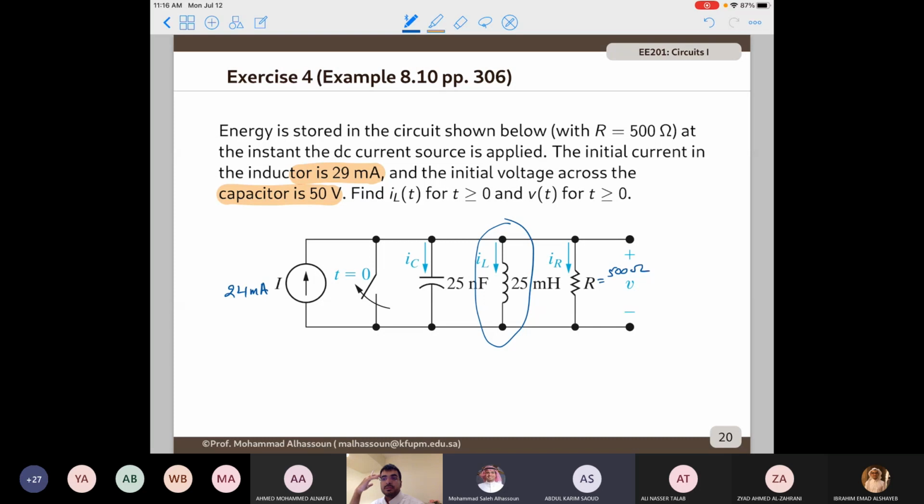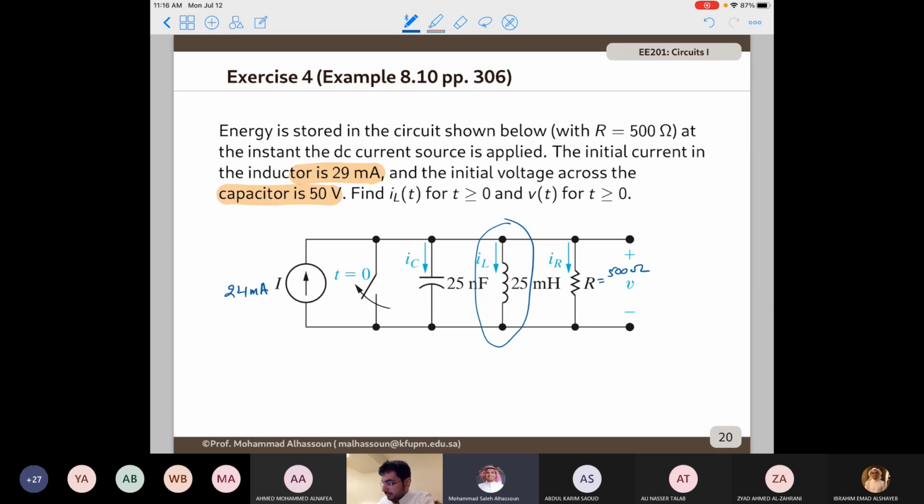So what's the piece of information that you're going to get from drawing the circuit? The initial values, right? I get the initial current and the initial voltage. You are given the initial values, so you don't need to draw it.